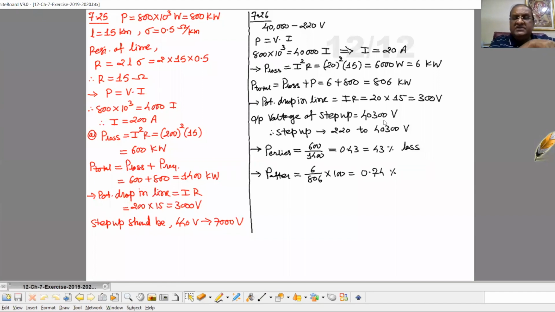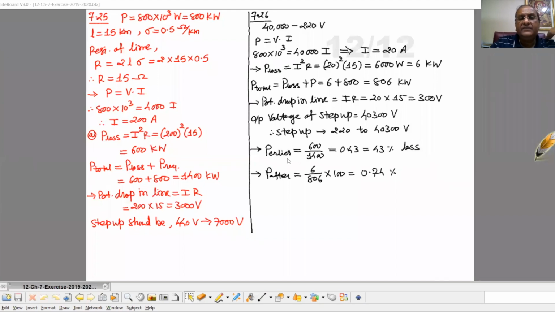So when it is transferred to the village, at village, step down is getting 40,000, right? So the transferred, that should be 40,300 volt. So step up transformer, that should be such that it increases your voltage from 220 to 40,300.